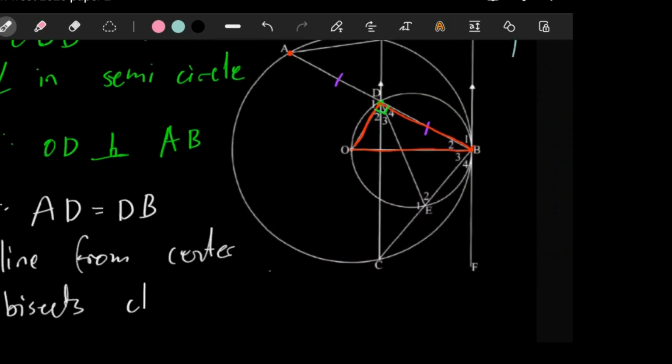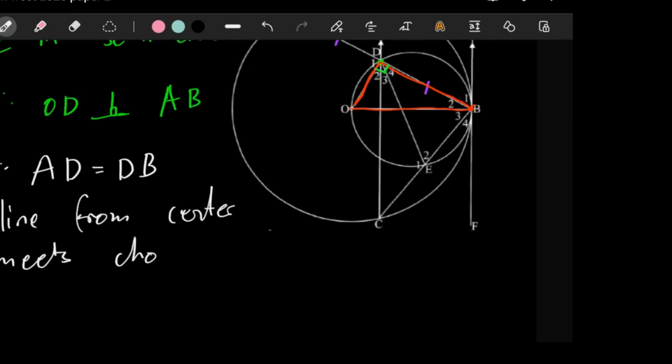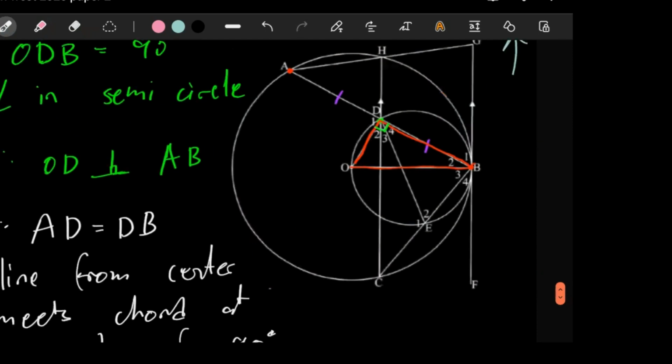Let's just say line from center meets chord at an angle of 90 degrees. So what we saw is that there's a line from the center meeting a chord at an angle of 90 degrees.